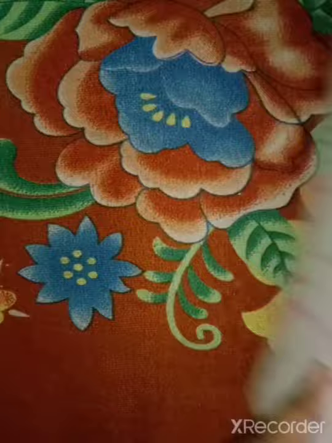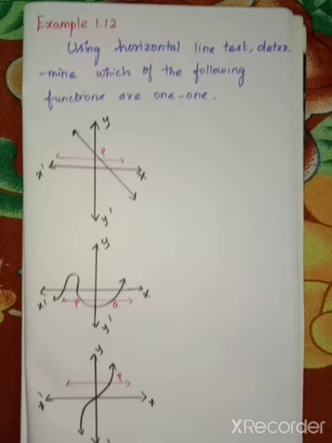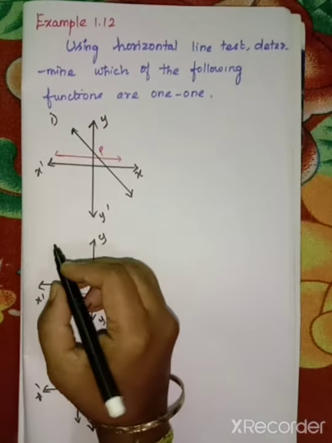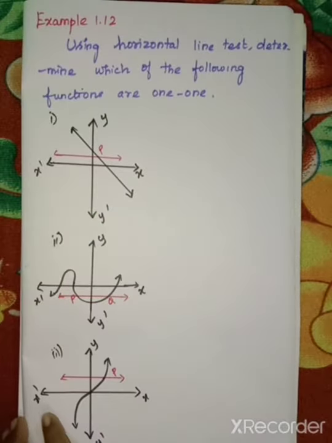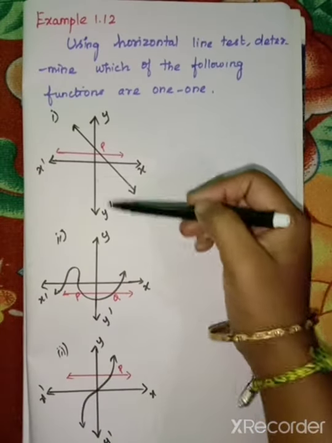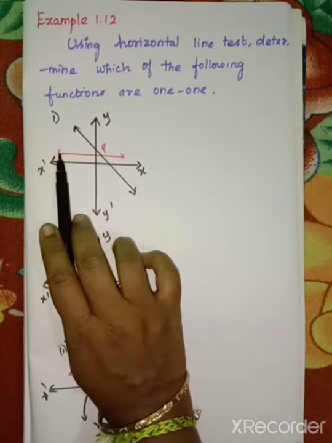See one example, Example 1.12. Using the horizontal line test, determine which of the following are 1 to 1. See here, the three diagrams are there, 1, 2 and 3. First one: here the blackened xy plane and this is the graph. The red line is the horizontal line.